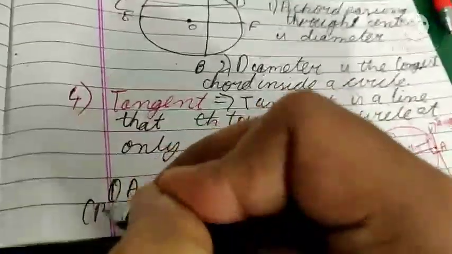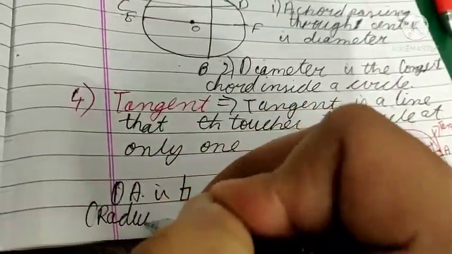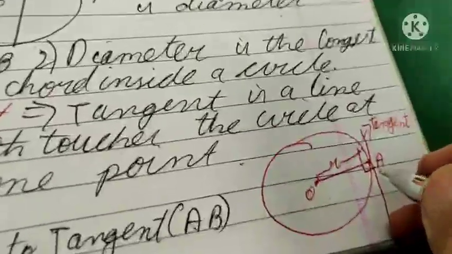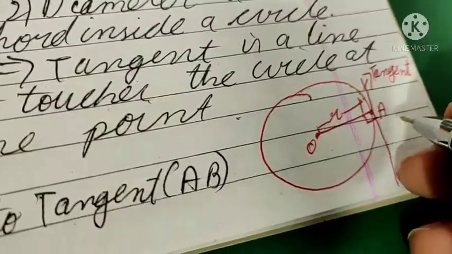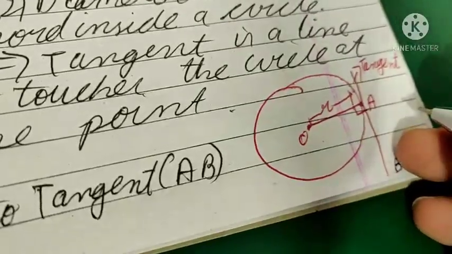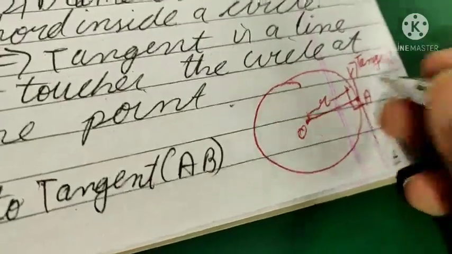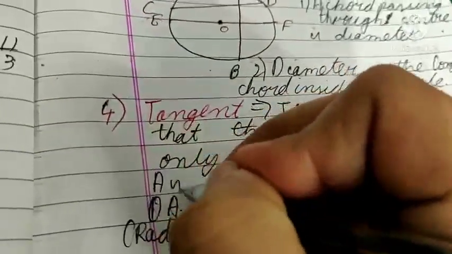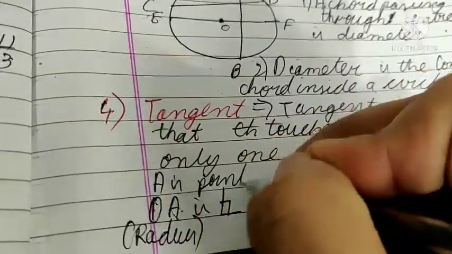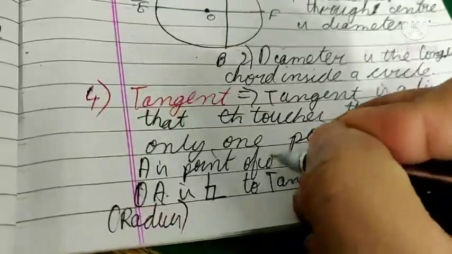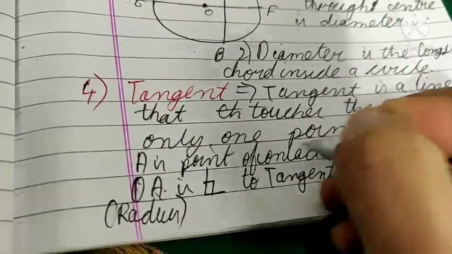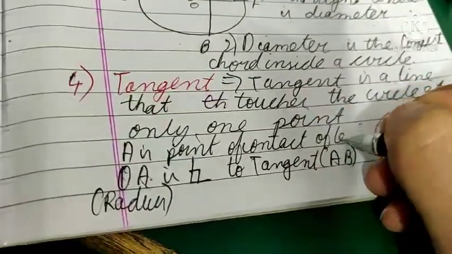Here OA is radius. This radius line is always perpendicular to the tangent when it is through the point of contact of the tangent. This A is the point of contact of the tangent.